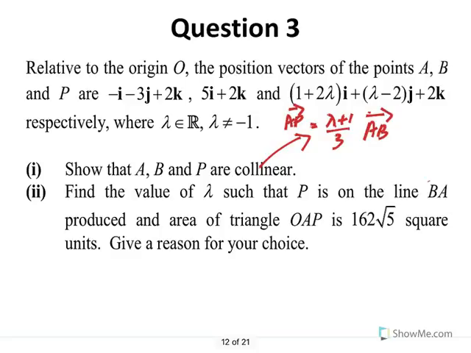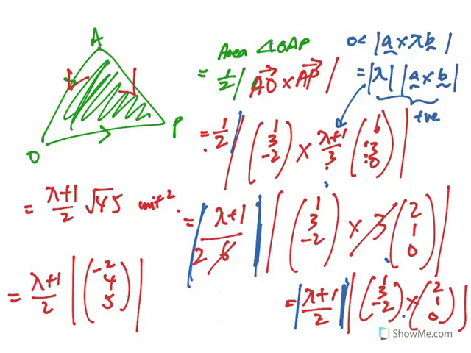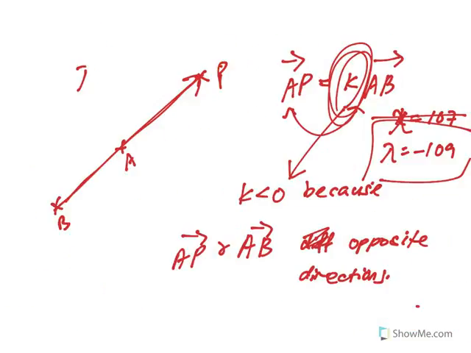This is from just now. Then this and this are opposite directions. What does it mean? It means that this one has to be less than 0, because if two values are pointing opposite, they are negative. So this is less than 0. That means lambda must be less than 0.